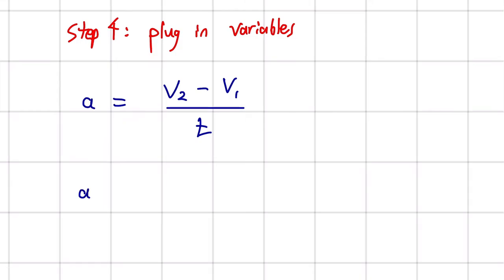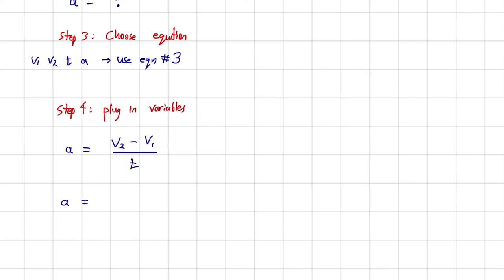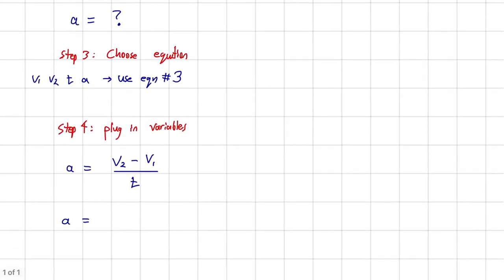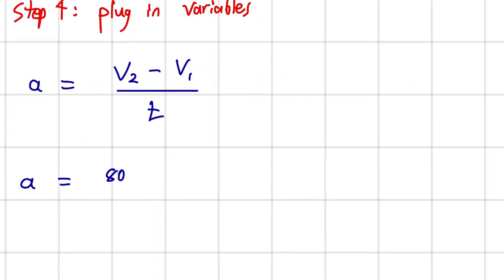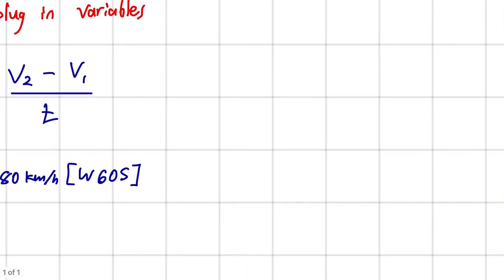So we have our acceleration, that's our unknown, is equal to v2. So v2 is 80 kilometers per hour, the direction of west 60 south. Then minus, I'm going to do this in red, and you'll see later the reason for that.